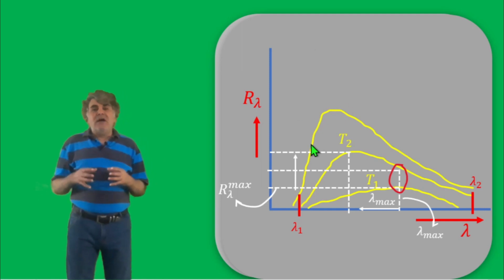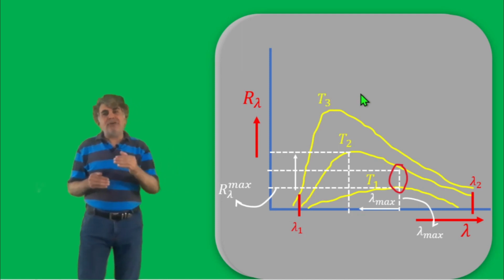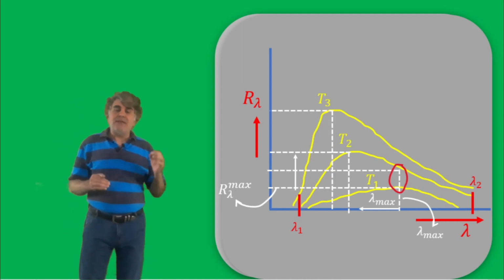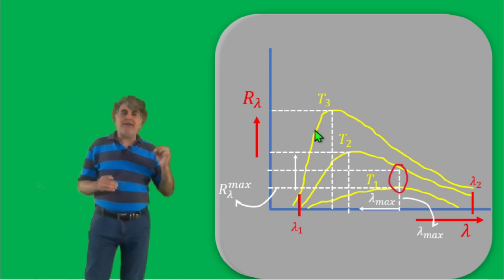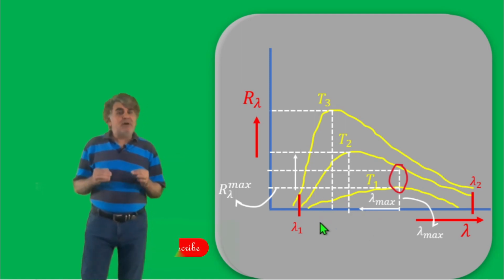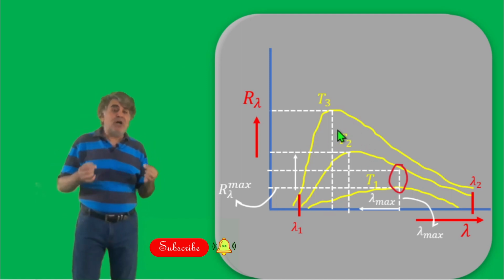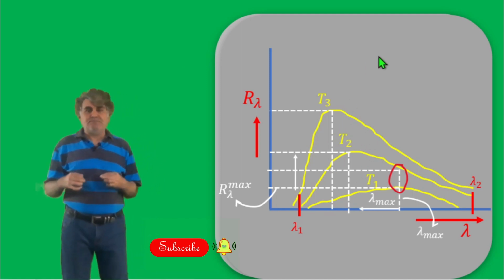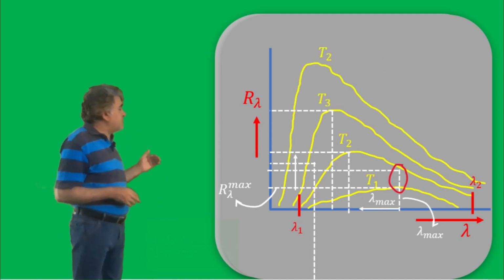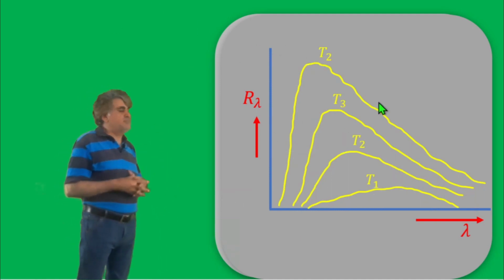That is, the area enclosed by the curve at higher temperature along the horizontal axis or wavelength axis increases, and the maximum of each curve at higher temperature shifts toward the region of lower wavelength, and the emissive power for each single wavelength increases as compared to the emissive power at lower temperature. You can observe this very easily for the curves plotted for temperature T sub 3 and temperature T sub 4.